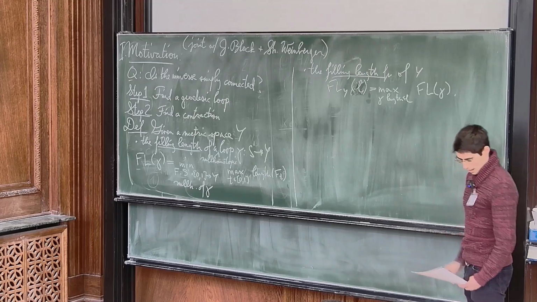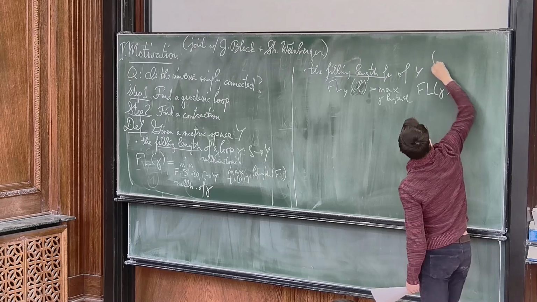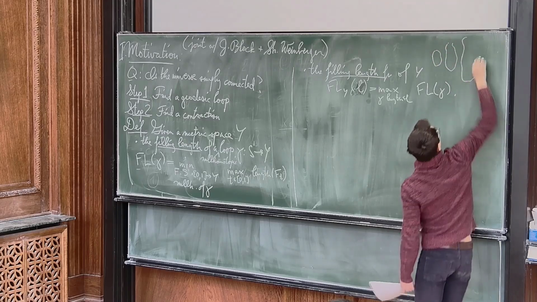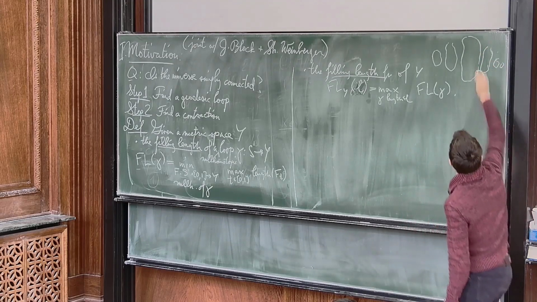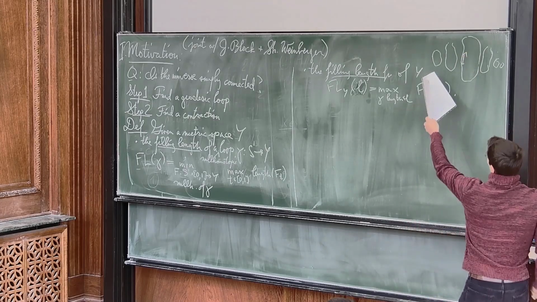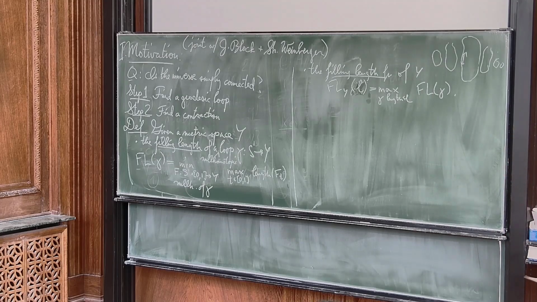And yeah, so here's a little sketch of what's going on here. You start with some loop, and maybe you have to go through much bigger loops to contract it. And so this length as a function of this length is what we're looking at.